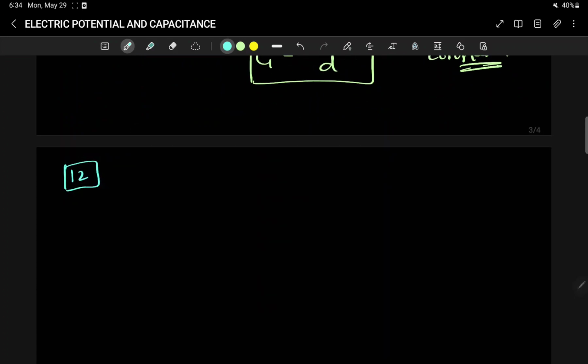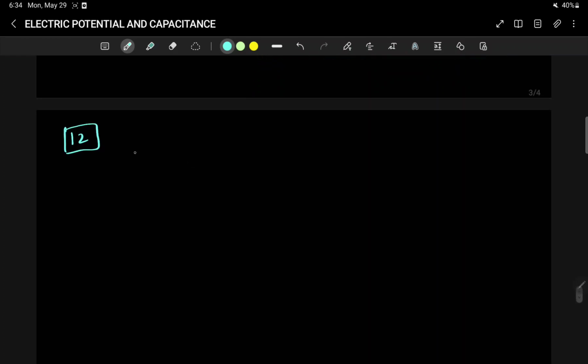What is the next one? What is the equivalent capacitance of capacitors connected in series? If you consider n number of capacitors in series, let me consider two capacitors C1 and C2. What will be its equivalent capacitance?